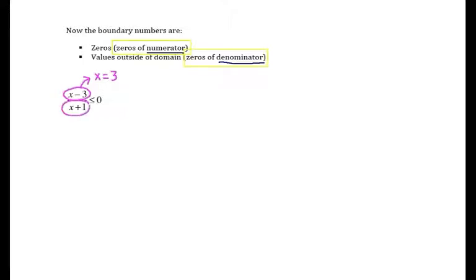That is equal to 0 if x equals -1. So x equals +3 and x equals -1 are my boundary values. I'm going to mark these on a number line. -1 is to the left of +3, so I'll put it first.